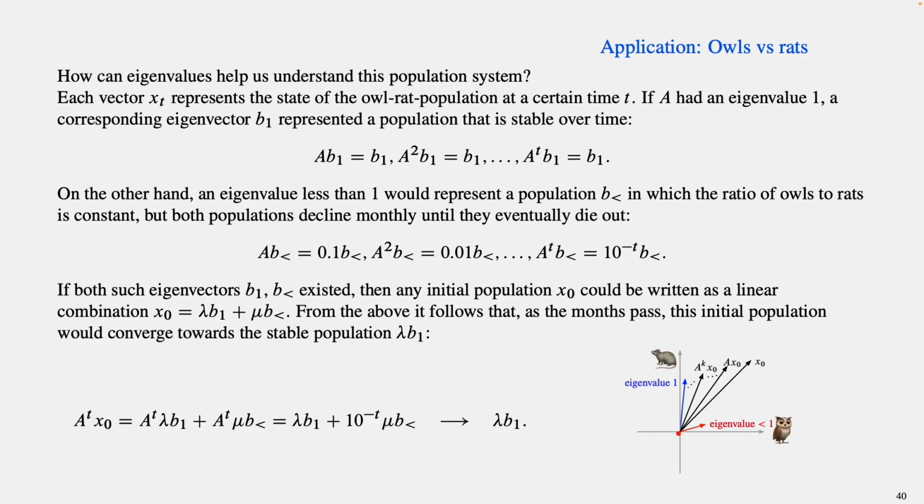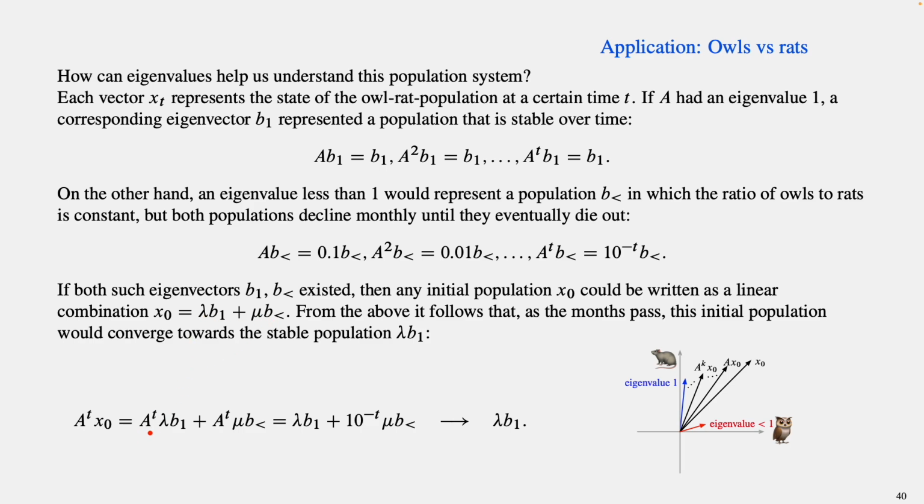So this is our owl axis and this is our rat axis. And if we have this initial population, and then we apply the matrix A several times to the initial population, so that means t months have passed, that's like applying A to this linear combination here.